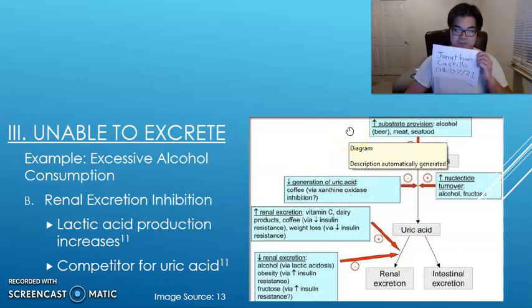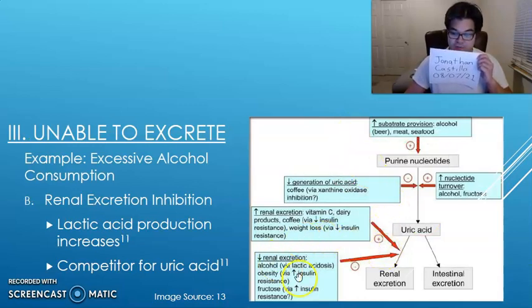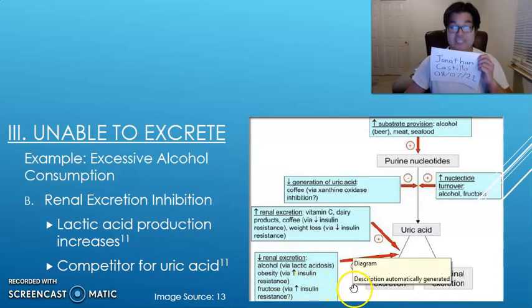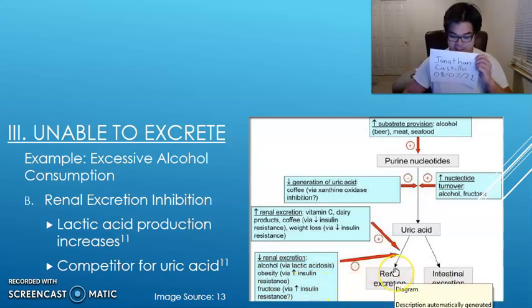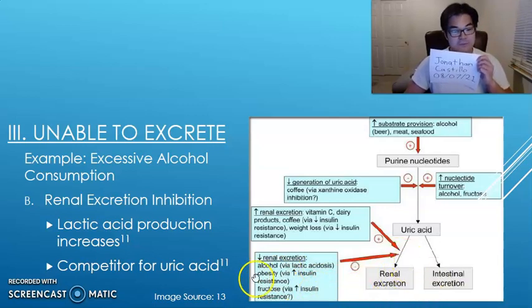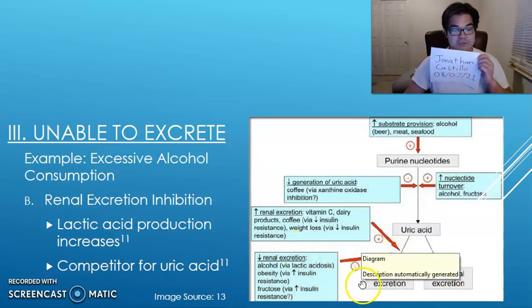But at the same time, alcohol also impairs renal urate excretion because it increases lactic acid production, leading to lactic acidosis, creating competition for urinary excretion between lactic acid and uric acid.